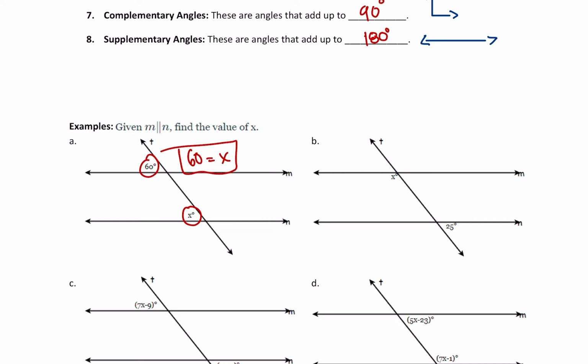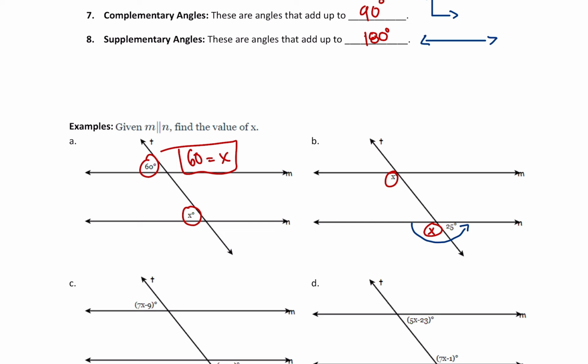Okay, well, this next one is a bit different. But I do know that x corresponds to this right here, so I can say that this is x. And now that these two are right next to each other like this, I know these two are a linear pair, and a linear pair is supplementary, or adds up to 180.